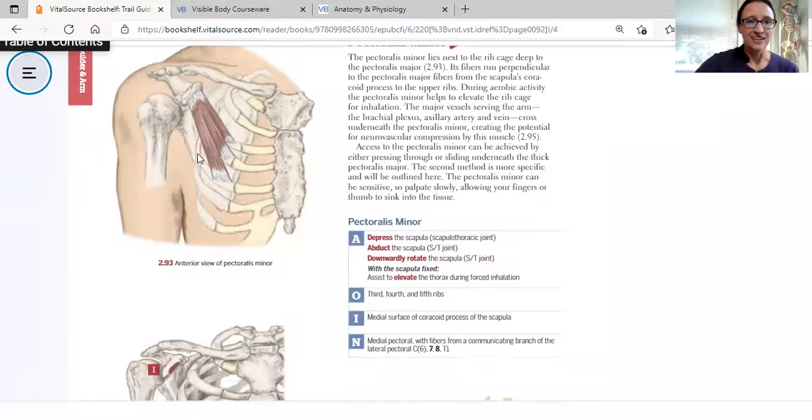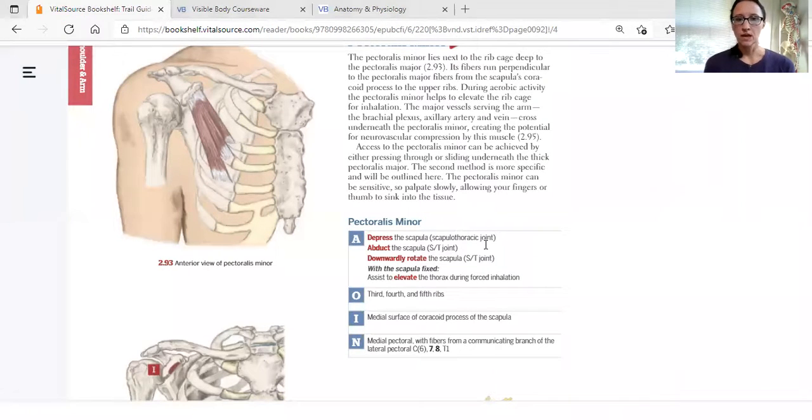And as far as the actions are concerned, there's a really nice acronym here. It's DAD, D-A-D. Depression of the scapula, abduct the scapula, which is also what? Protraction, right? So if you want to write that down, abduction is also protraction.